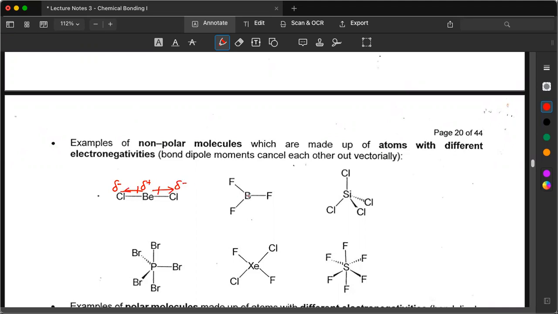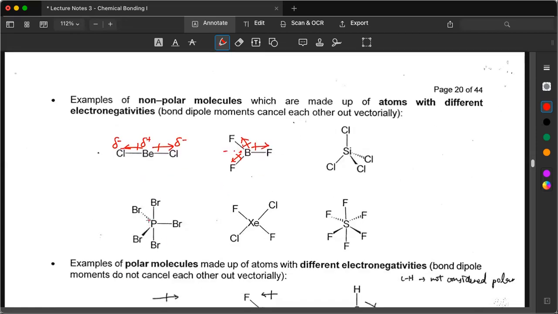Same thing here. So you have like that, like that, like that. So this one also cancels off because the overall is 0. These two combine to form this resultant, like resultant force, but resultant vectors can cancel off each other. Same thing here, cancel off. Here also cancel off. Here also cancel off.